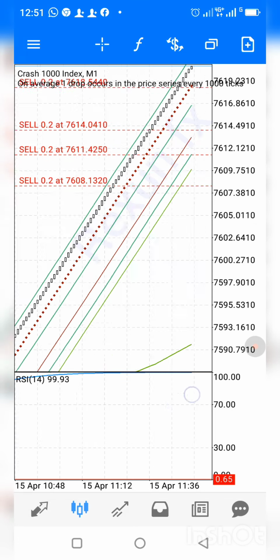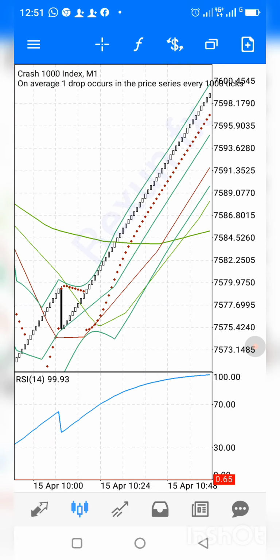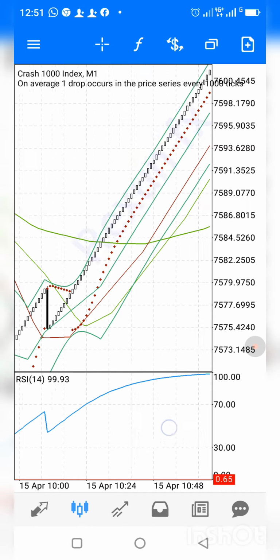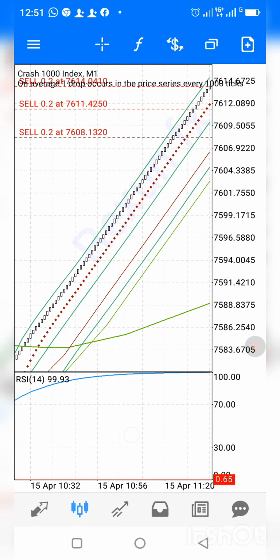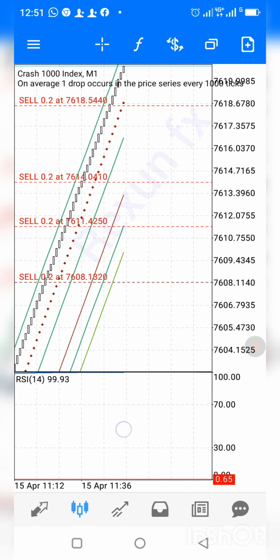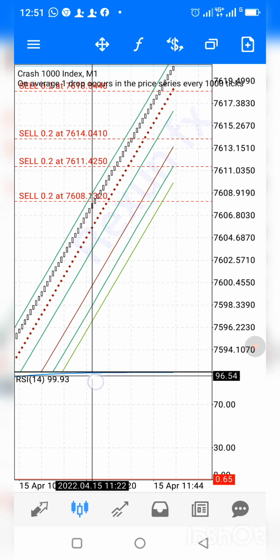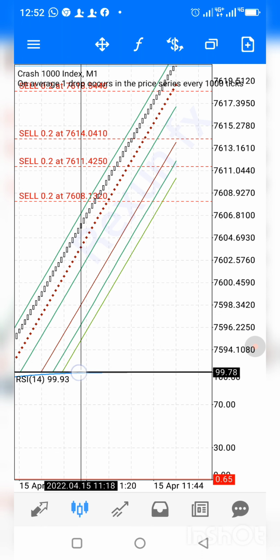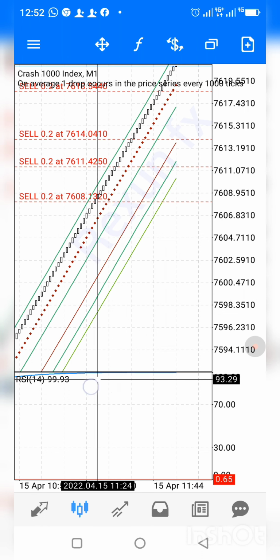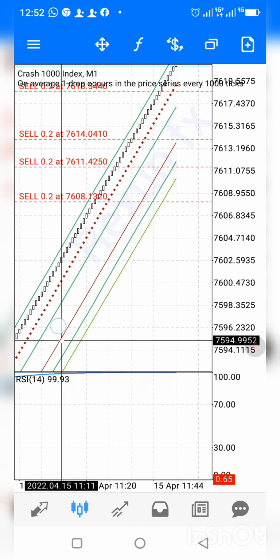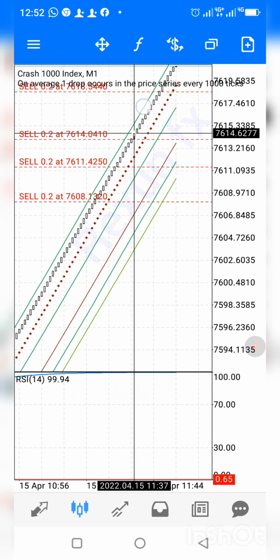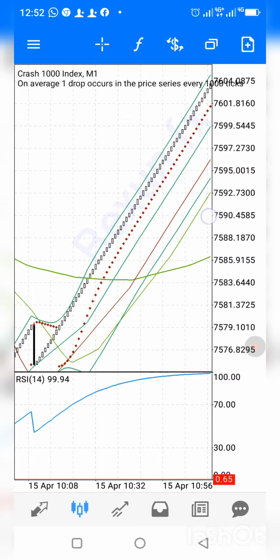This is a very good example of what I was saying about the worst of the worst scenarios. You can see that the RSI is way above 99, right? 99.93. Then you can see the huge spread happening so far.